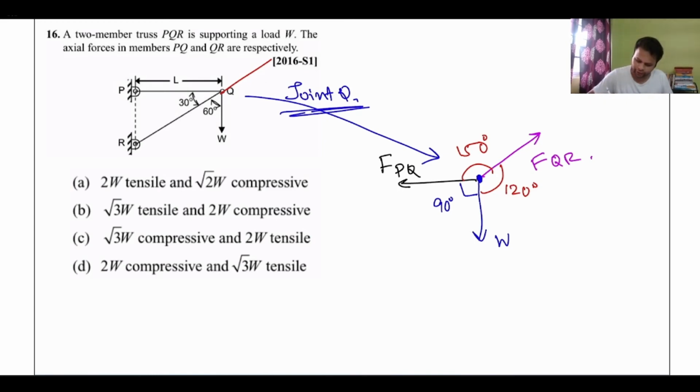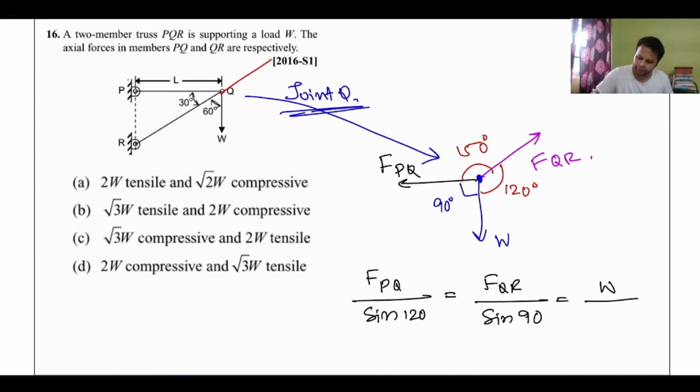So what does Lami's theorem say? FPQ by sine of the angle opposite to PQ, that is 120 degrees, is equal to FQR divided by sine of the angle opposite to QR, that is 90 degrees, is equal to W divided by sine of the angle opposite to W, that is 150 degrees. Sine of 150 degrees is sine of 180 minus 30, which is nothing else but sine of 30, half.